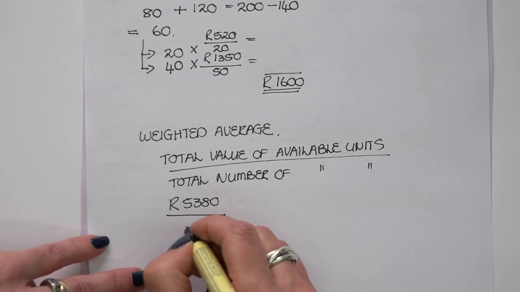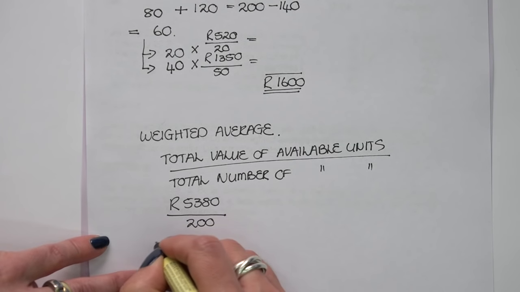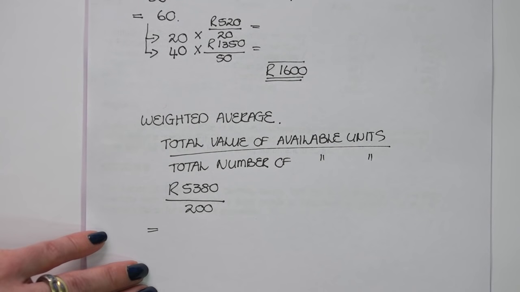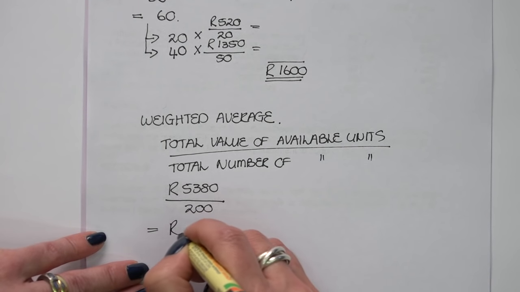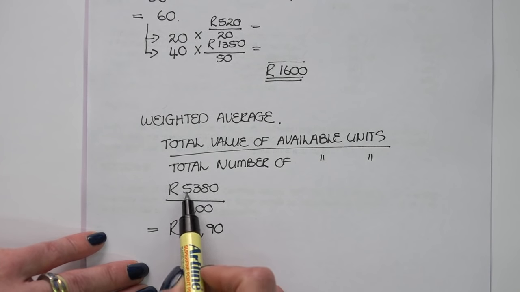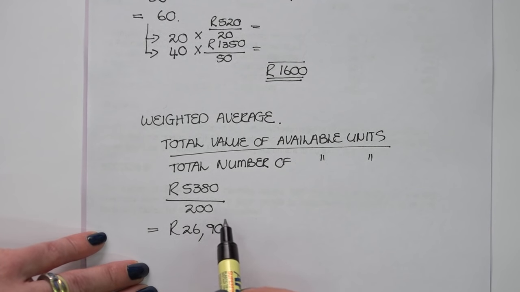We've already used that amount earlier in the question. So my price per unit for weighted average will be 26.90. Total value divided by total number.